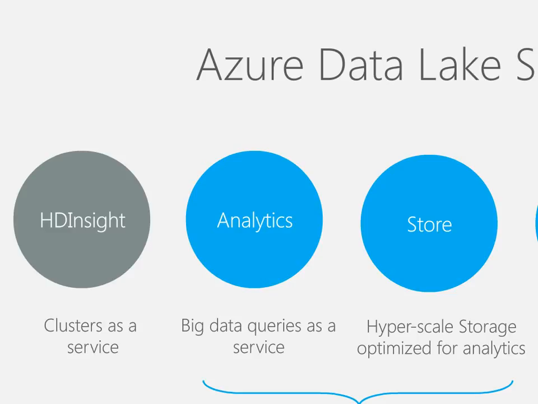For example, if you have got a MapReduce job, you can take the HDInsight service and deploy it, and because you own the entire server, the nodes and cluster, you can go with HDInsight as an offering on Azure. The other 2 components, Azure Data Lake Analytics and Store, are what we are going to get into in detail in this webinar. Additionally, we will also talk about Azure Data Factory and Catalog, right?